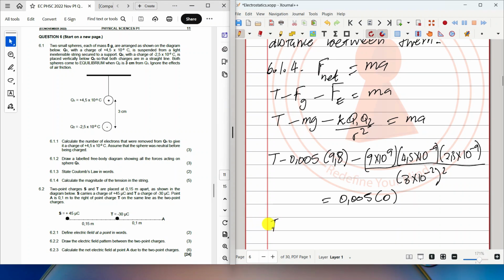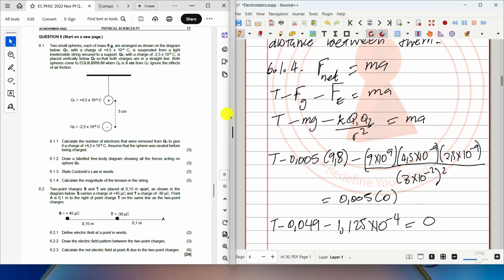We have tension minus 0.049 minus electrostatic force: 9 times 10 to the 9 times 4.5 times 10 to the negative 9 times 2.5 times 10 to the negative 9, right? Over 0.03 squared. So we are getting 1.125 times 10 to the negative 4, isn't it? Equals 0.